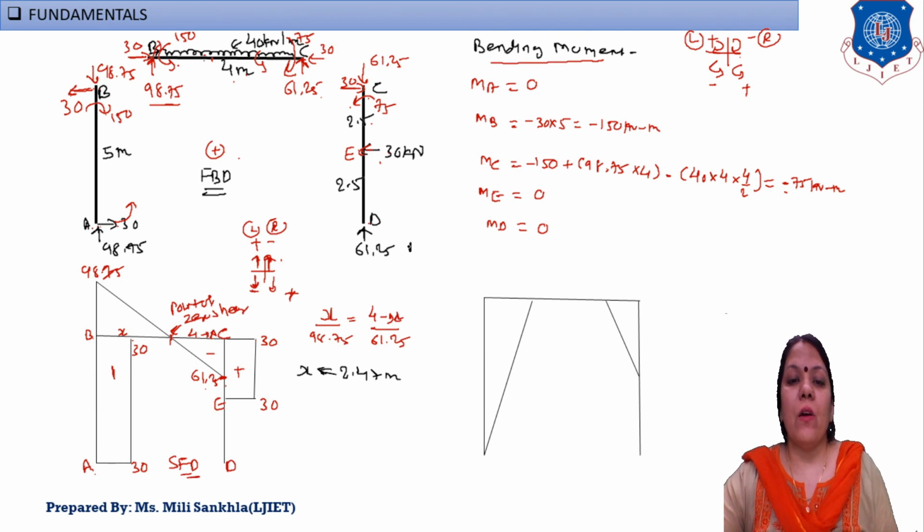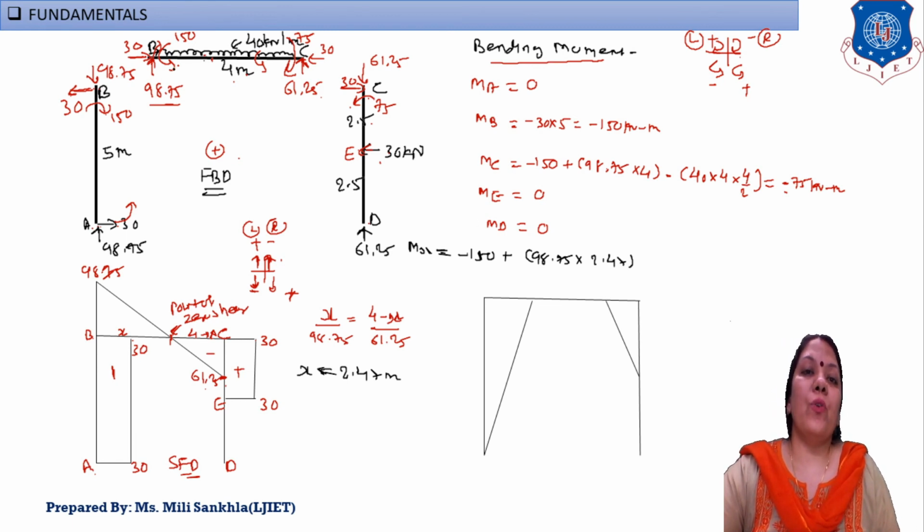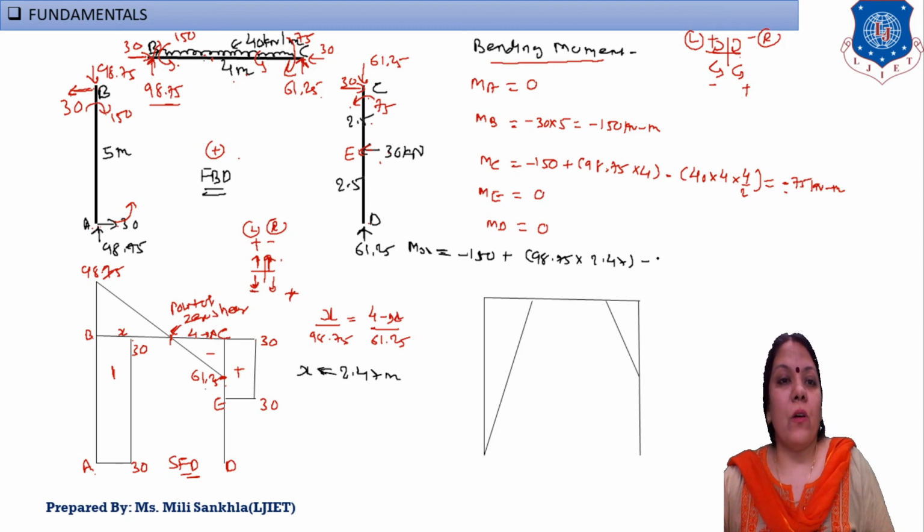Next we find the moment at x. So mention here, moment at x is equal to: first, the moment given is anti-clockwise, so write here minus 150. Second is clockwise, so plus 98.75 into 2.47, and the UDL is anti-clockwise, so write down UDL load 40 into 2.47 squared by 2.